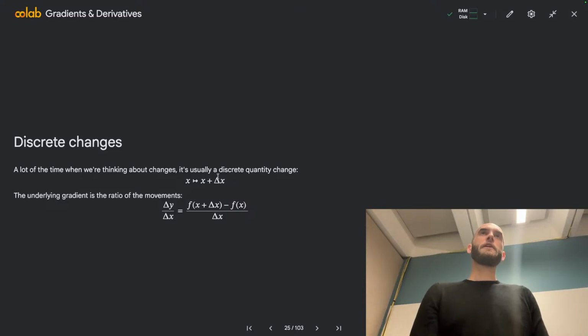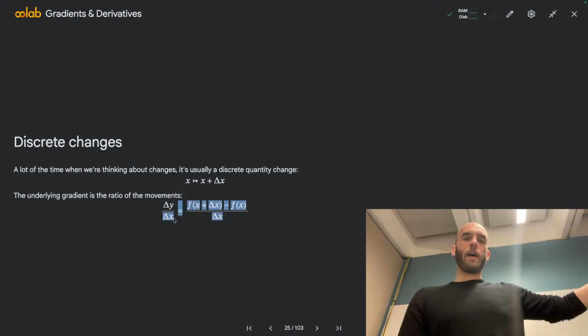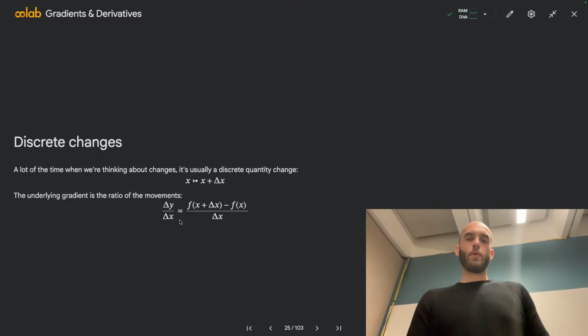These are very small but discrete changes. So it's very small, but it is actually a delta. And then all we're trying to do is calculate this ratio: how does the function move divided by how the x variable is moving?